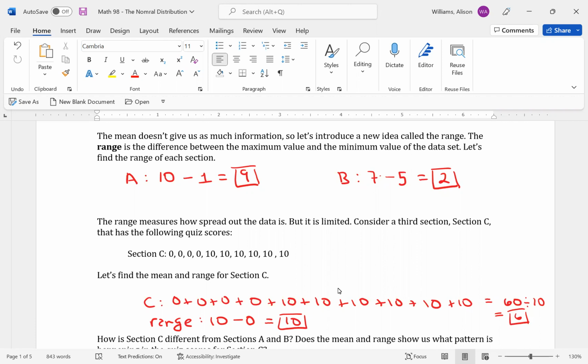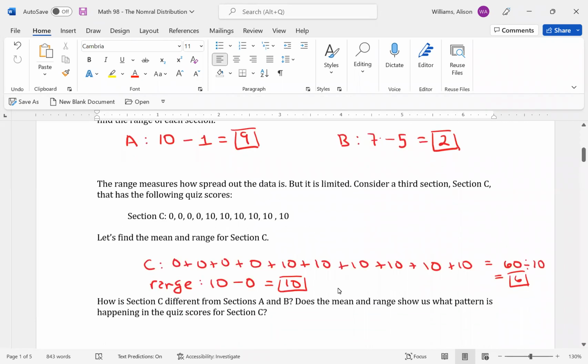Okay. So how is section C different from A and B? Well, first of all, it has even less variety in scores, but they are very spread apart.